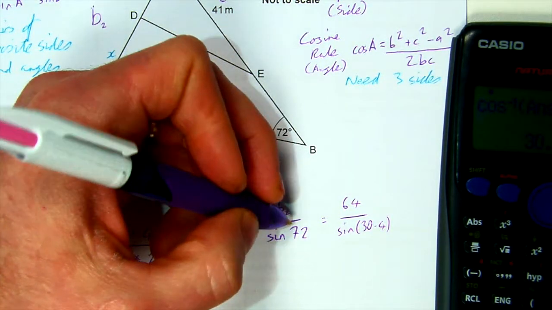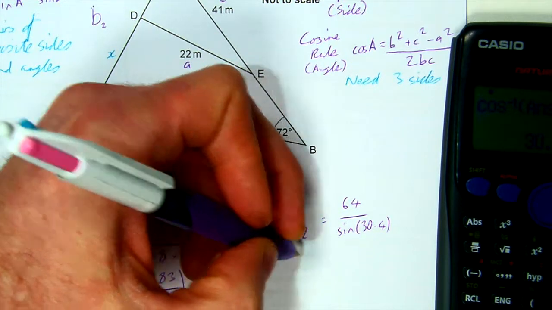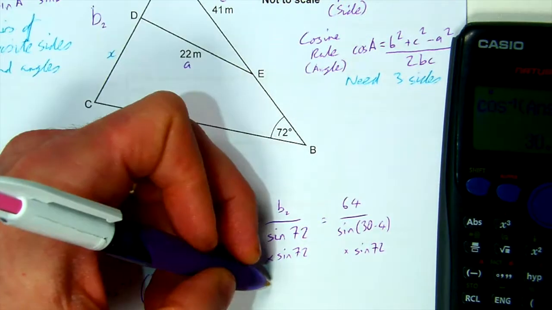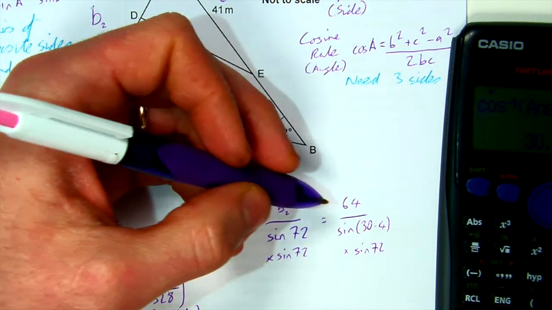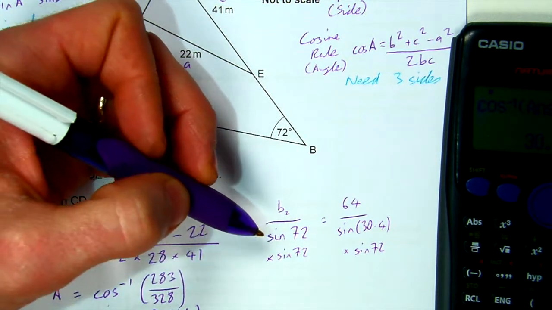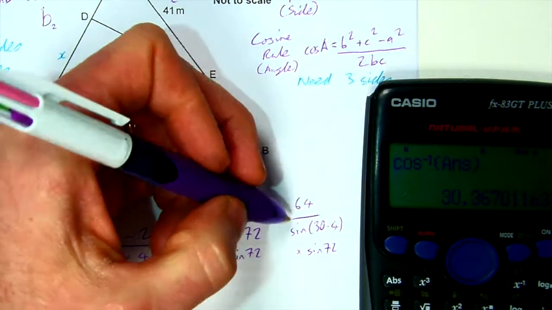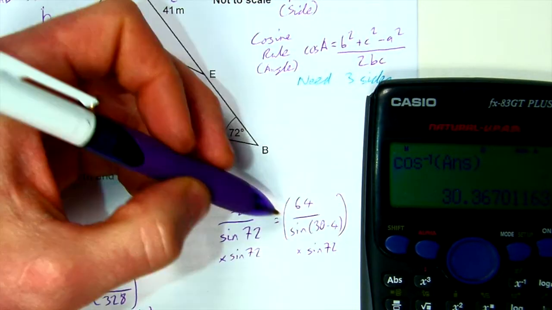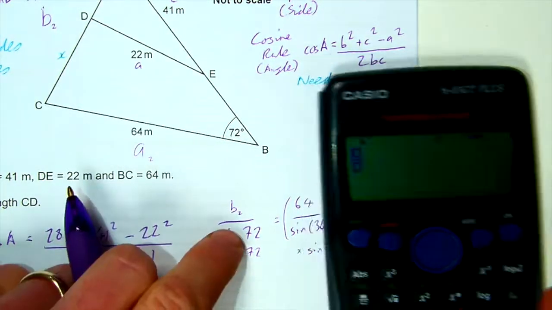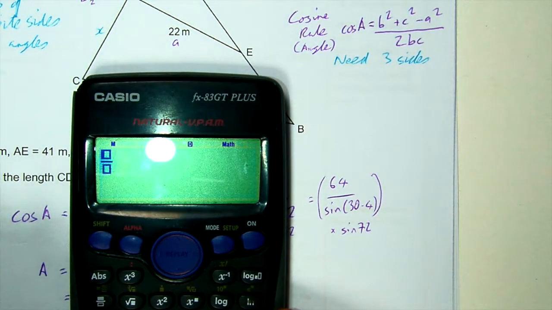Okay. How do I get b on its own? Well, I just need to times both sides by sine 72. Okay, and that's going to give me the answer for B, because I'm getting rid of this divided by sine 72 here. So let's do that on the calculator. So I'm going to do all of this value here and then times it by sine 72. So I'm going to use the fraction function again.